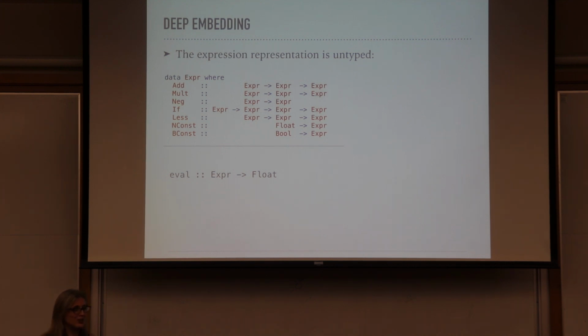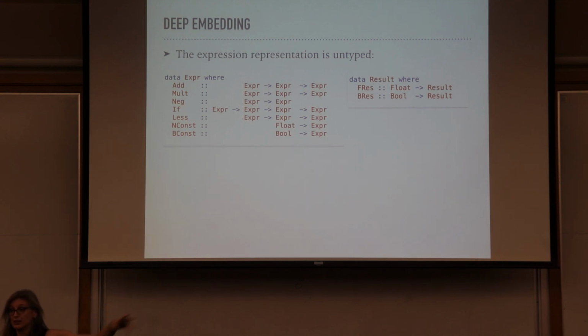I need a new type, because it can be float or bool. So I need to define a new type, which can either contain float or bool. I define here a type Result, and basically it's a sum type where it's either float or bool.